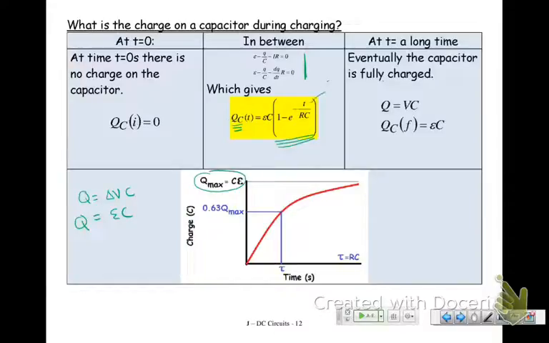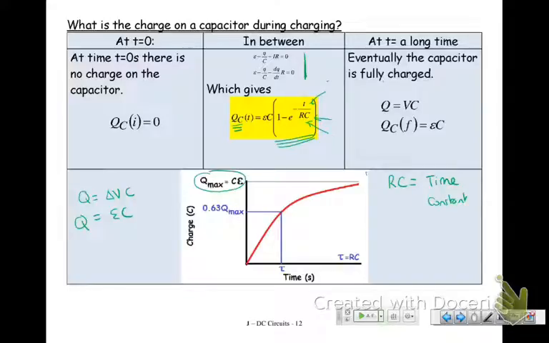T is the time, R is the resistance, and C is the capacitance. RC is a very useful thing. It's called the time constant. It's a marker, like a navigation light. When t is numerically equal to RC, this function becomes e to the minus 1. Agreed?